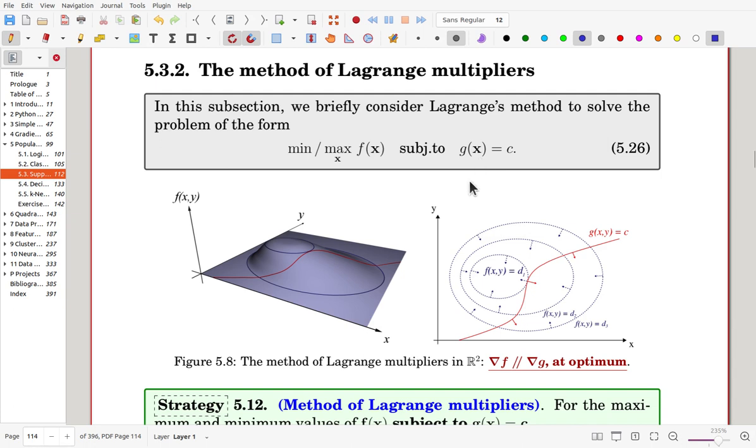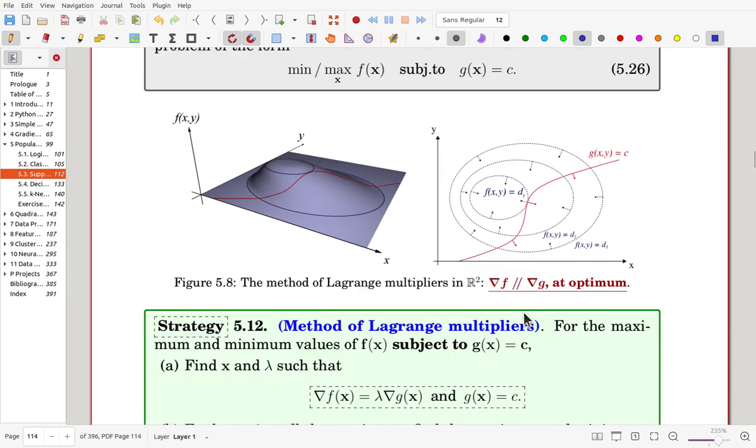Then at that point, the gradient of f and the gradient of g must be parallel. They can be in opposite directions; however, they are parallel up to some multiple, so they can be expressed in this way.